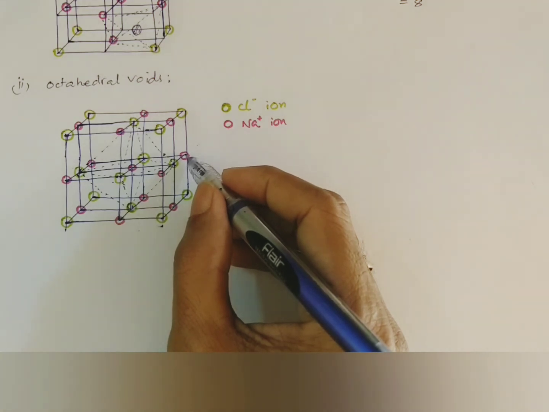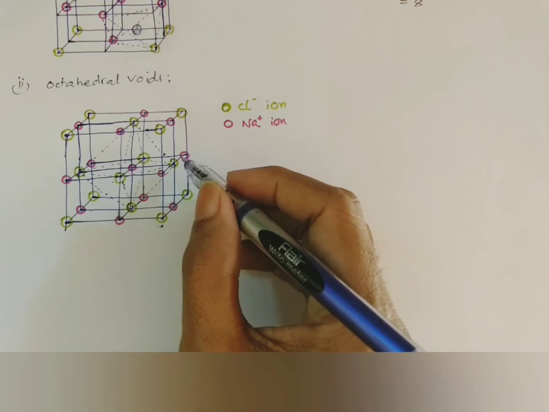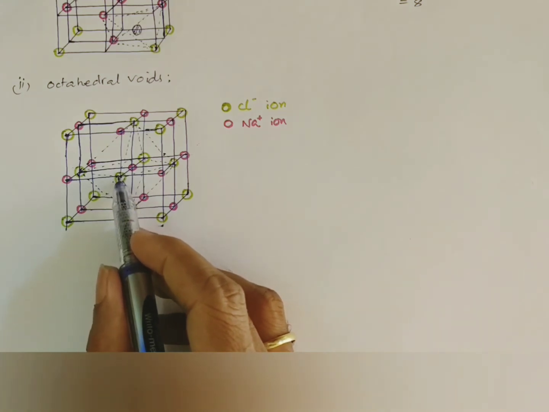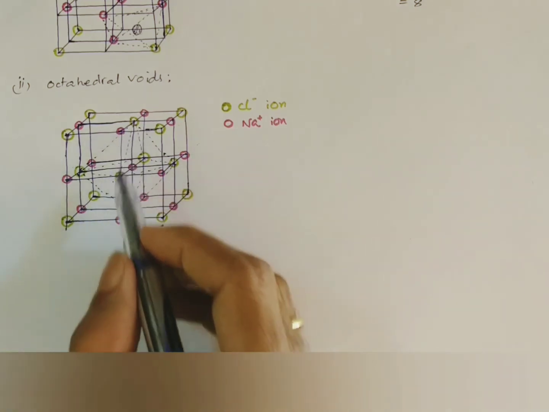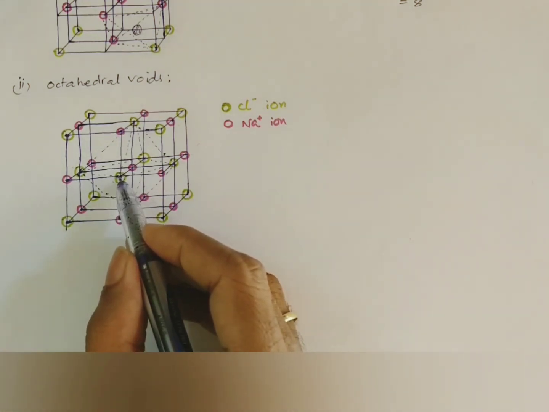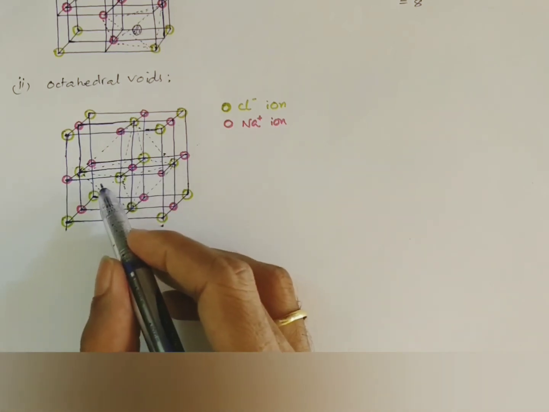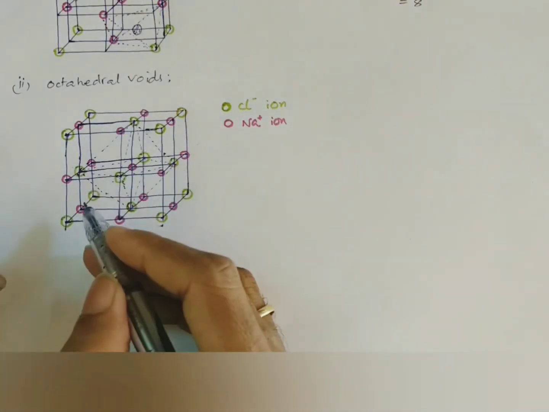So Na+ ions are present in octahedral voids created by chloride ions. Similarly, even a chloride ion is present in an octahedral void. Suppose you consider this chloride ion: here you can see 1, 2, 3, 4, 5 and one more sodium ion is present in the body centered position of another unit cell just in front of this unit cell.